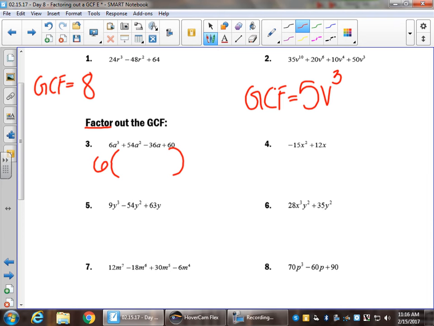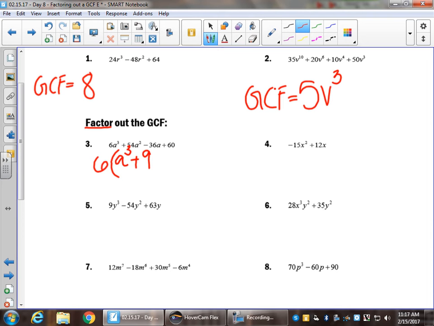Okay? So looking at just the first term, 6a cubed, we pulled out a 6. What's left? A cubed. 54a squared, we pulled out a 6. What's left? 9. Just 9?